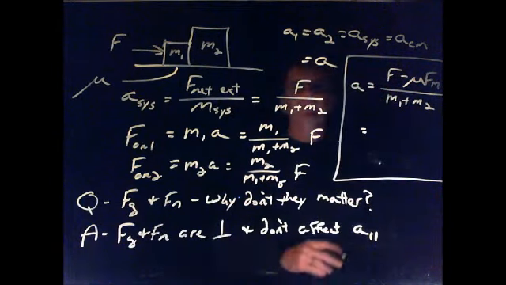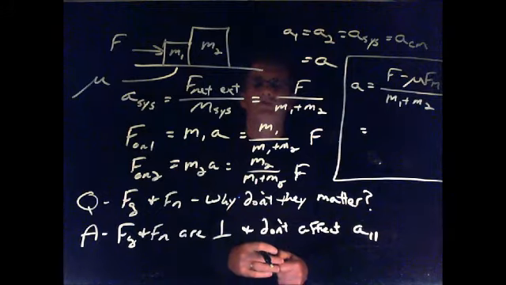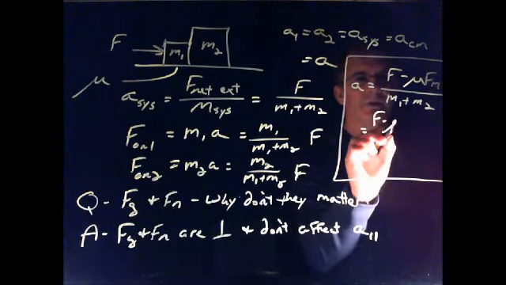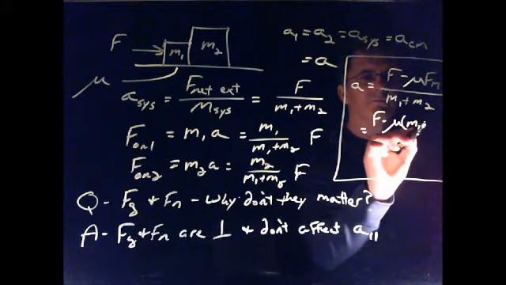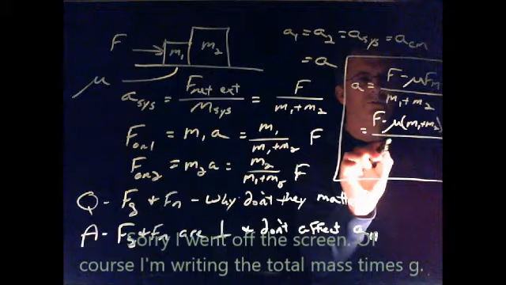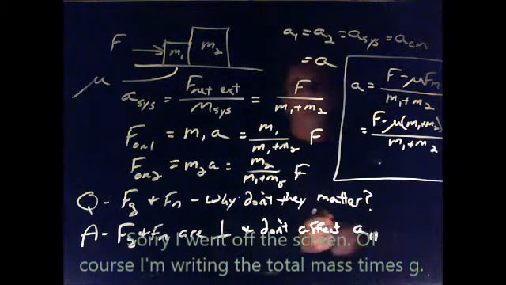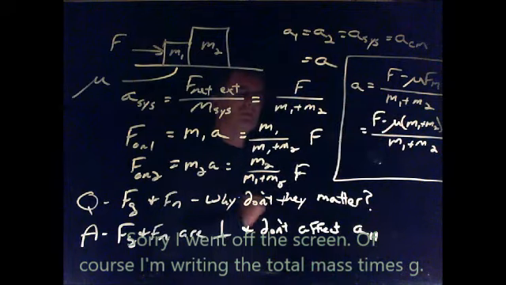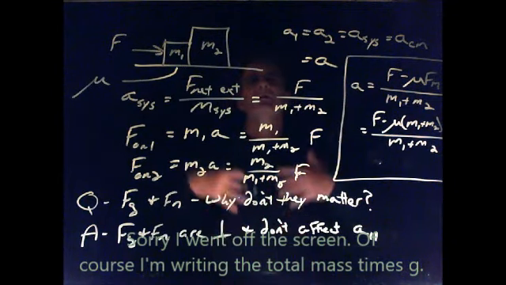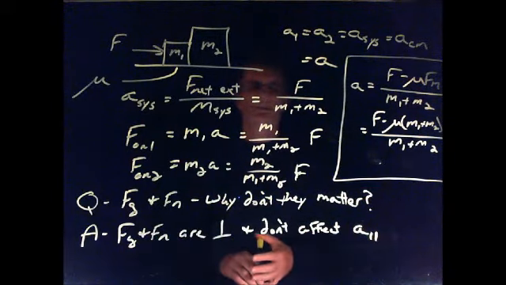Now, mu Fn, the normal force, is my total gravity of the two blocks. And so this is going to be F minus mu times (m1 plus m2) g, over m1 plus m2. And so we can factor in friction relatively easily. I'm only looking at the external forces that affect the acceleration of the center of mass of the system.